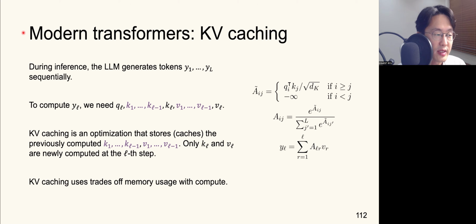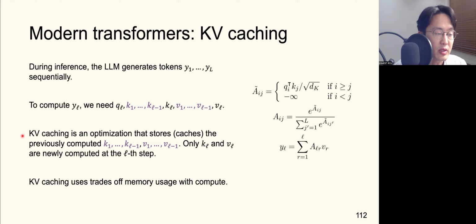KV caching is a technique that modern transformers use to improve inference efficiency. During inference, the large language model generates tokens y1, y2, up to yL in sequential order. To compute yL, we only need the current query vector, but all the previous key vectors and all the previous value vectors are needed.